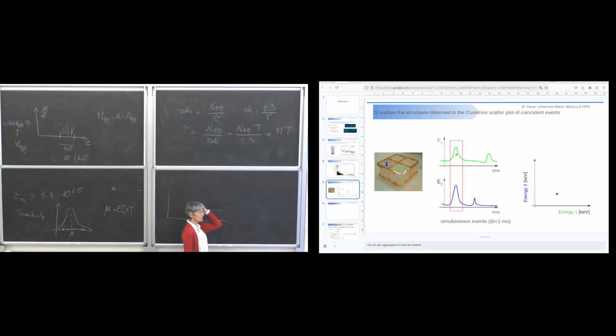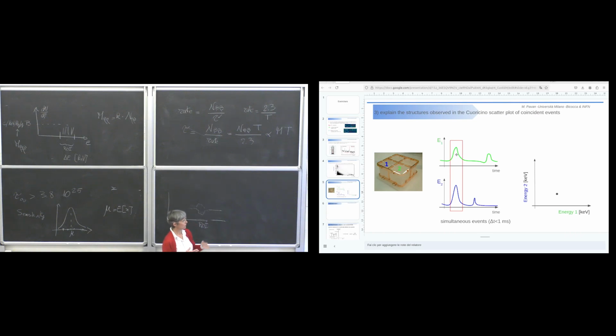And you see pulses, and I can also define coincidences when their distance in time is contained inside what I call the coincidence window.